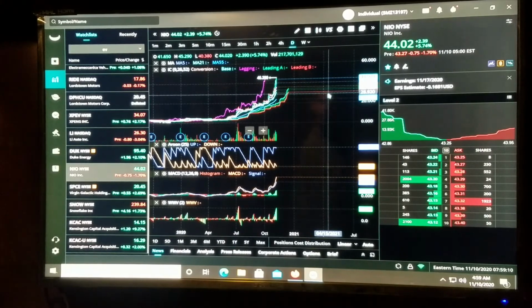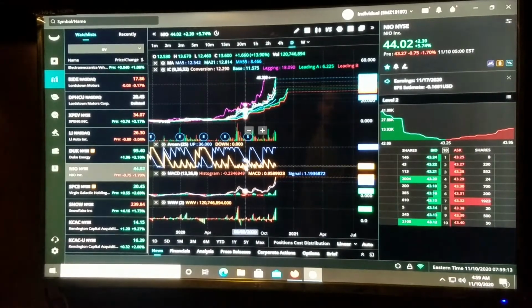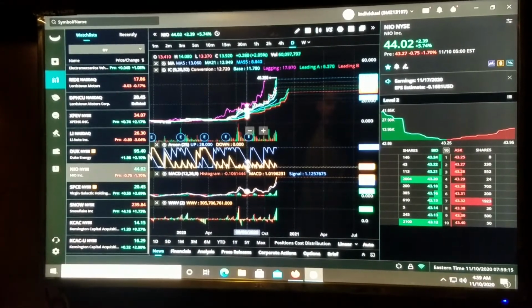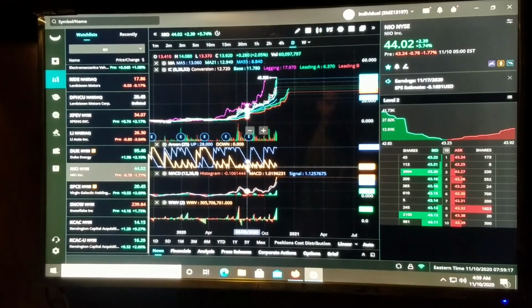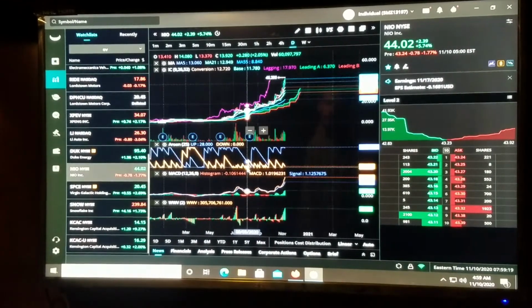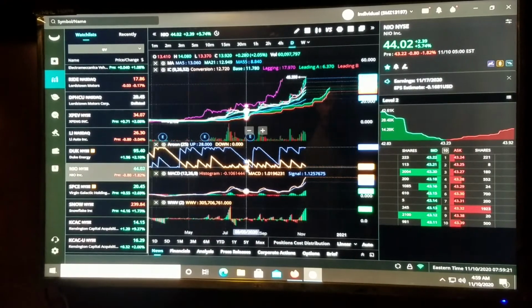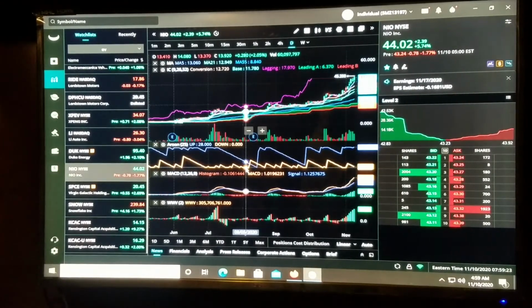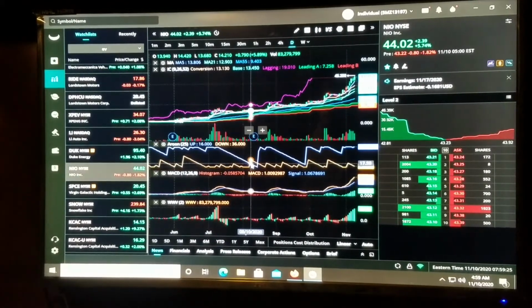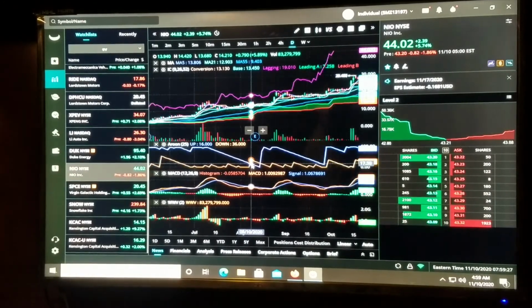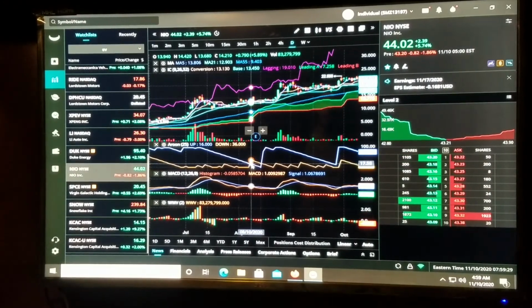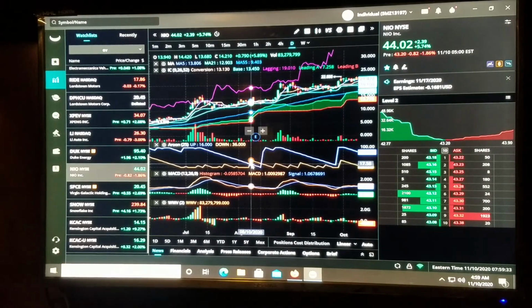If I wanted to buy that tiny golden square right there, which I would want to, that's my bread and butter right there. Those tiny little squares are my life. If I wanted to buy that, there would have probably been a freeze there, or on a moving average crossover, say, an important one.